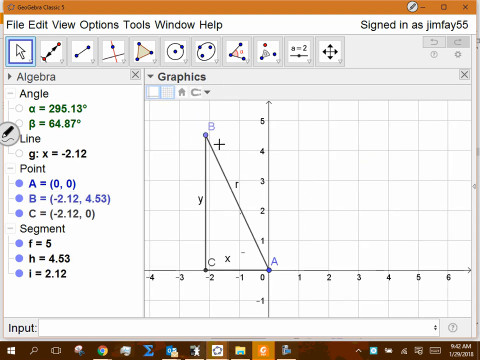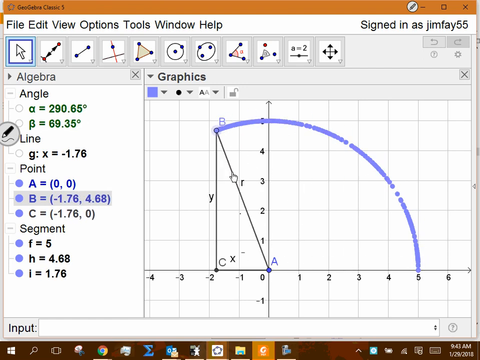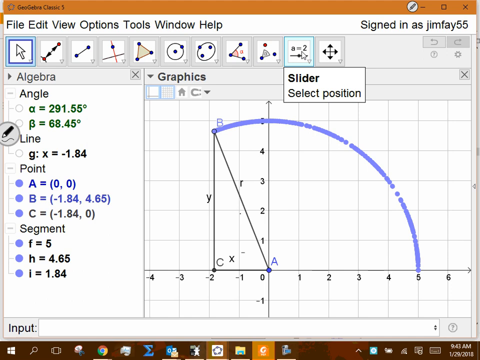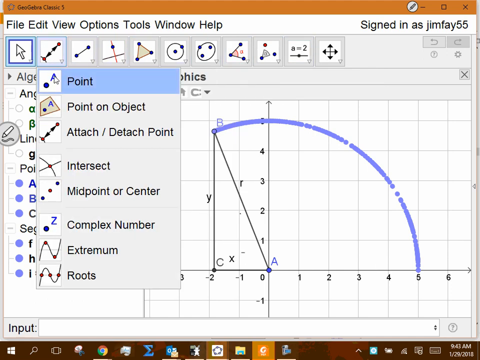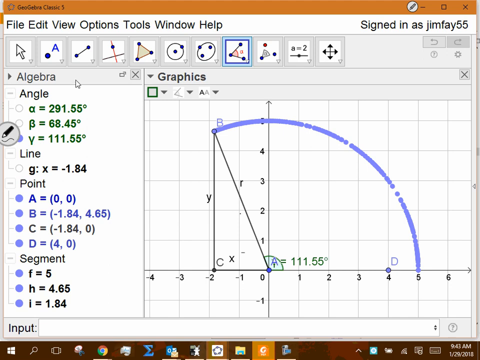So when I draw that back out, the angle that I'm actually interested in and that we're going to be talking about is that angle right there. Okay?